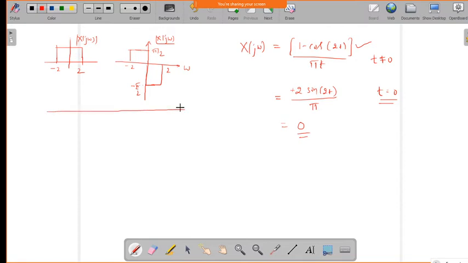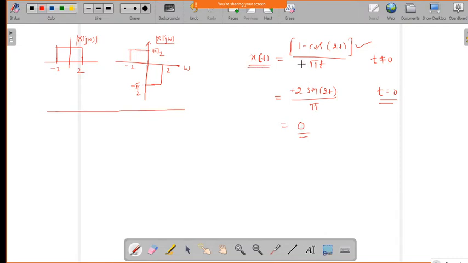Sorry, this is the time domain signal. The Fourier transform is given, and we need to find the time domain signal, x of t. The time domain signal exists for t not equal to 0, and for t equal to 0 it goes to 0.